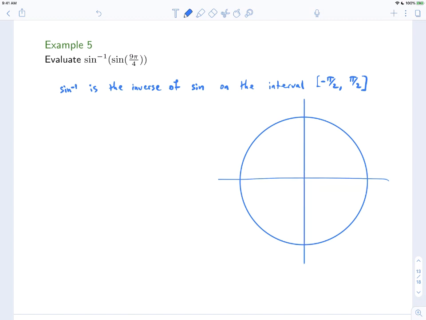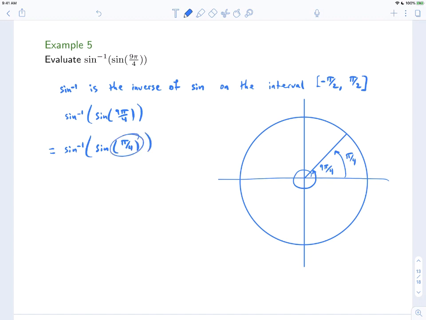So remember what it was. 9 pi over 4 was coterminal with pi over 4. So 9 pi over 4 was all the way around like that, and it was coterminal with the angle pi over 4. So sine inverse of sine of 9 pi over 4 is equal to sine inverse of sine of pi over 4.